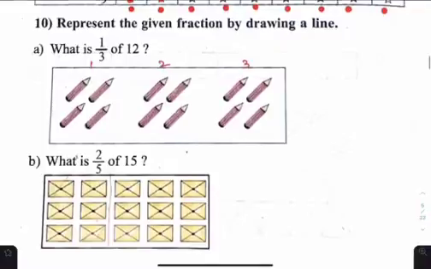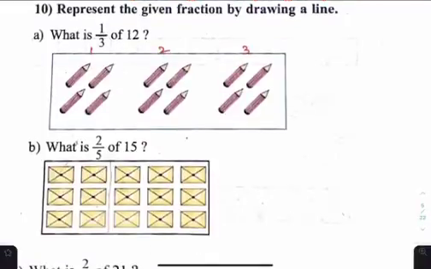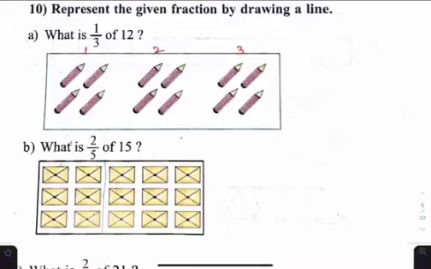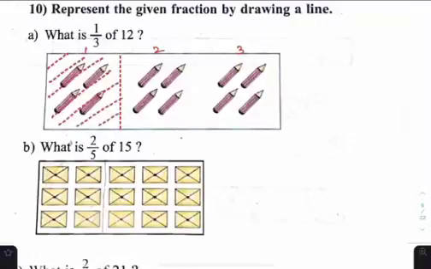Then moving on, represent the given fraction by drawing a line. So what is the fraction? Now what is 1 by 3 of 12? Okay, now there are 2 ways here. Diagrammatically we can divide, and along with that we will divide by calculating it also. Shade just one part. Okay, this is what is being expected. This one part is shaded.